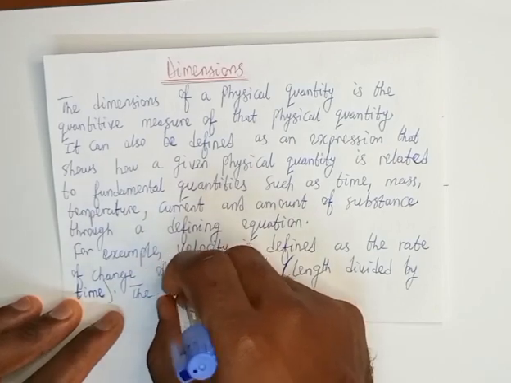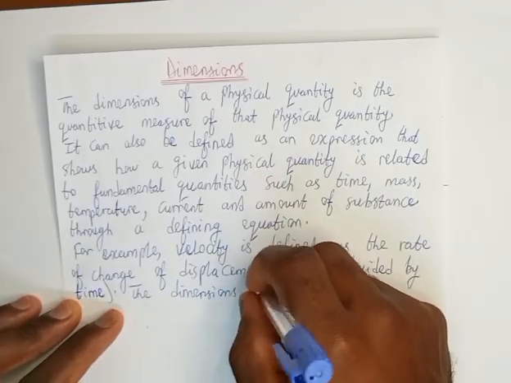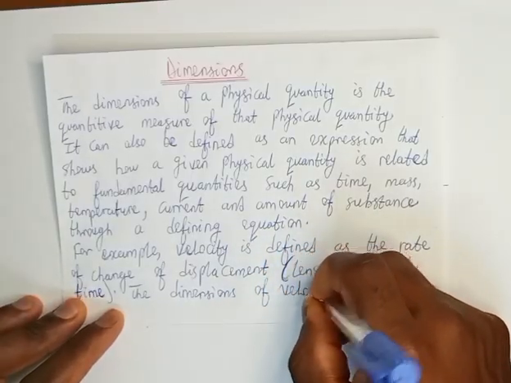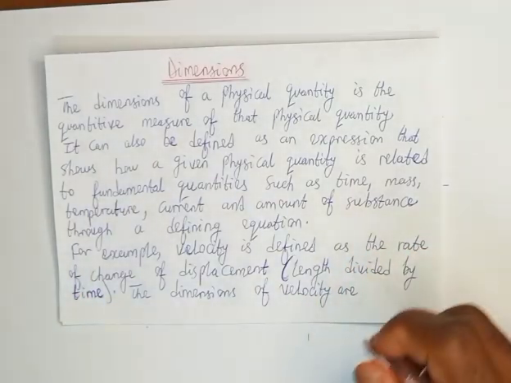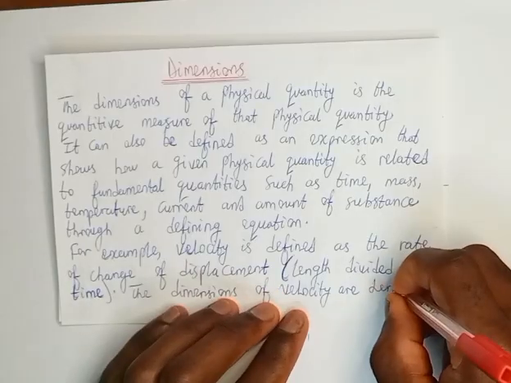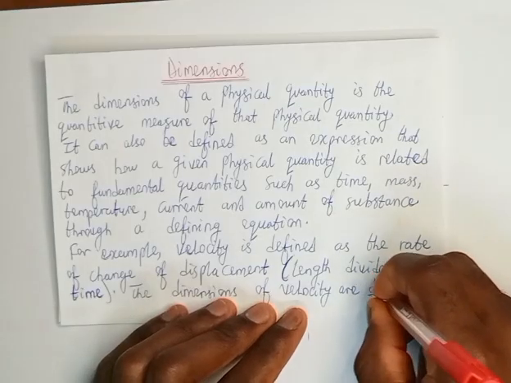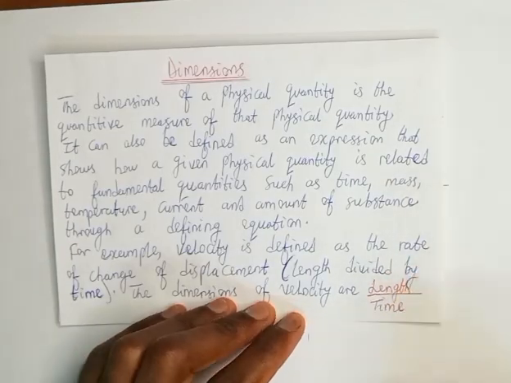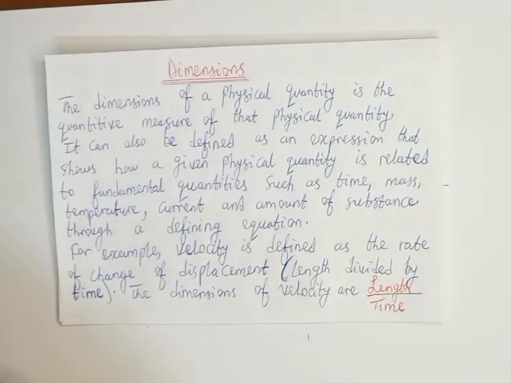The dimensions of velocity are, we take length, we divide by time. You see that we can easily see the physical quantities, length and time.